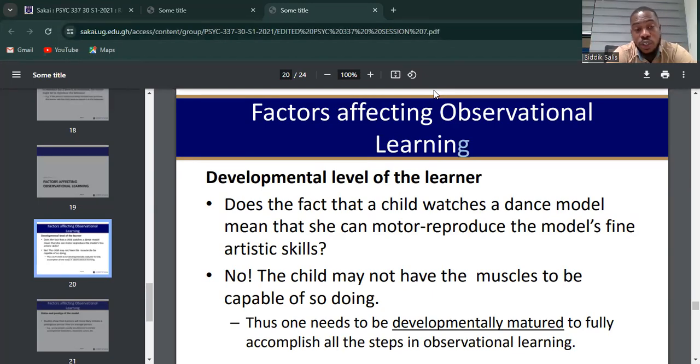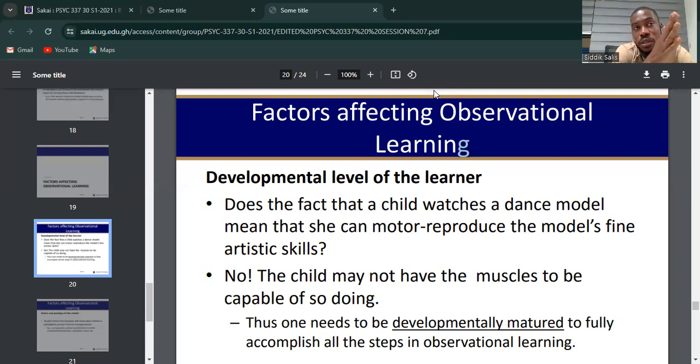Factors affecting observational learning. I was saying that sometimes you may pay attention to something, remember the thing, and you wouldn't be able to reproduce it. You wouldn't be able to mimic it. The reason is that it can sometimes be the developmental level of the learner, you the learner.